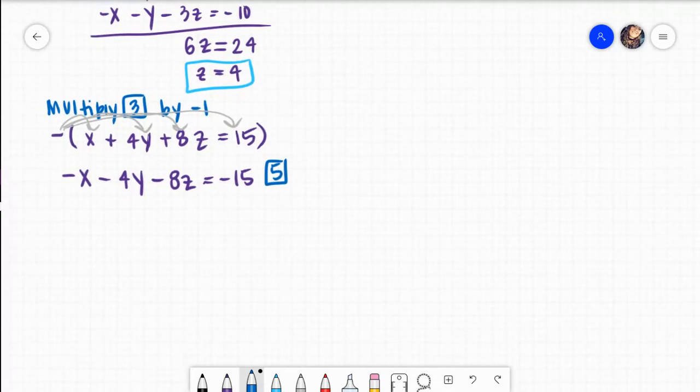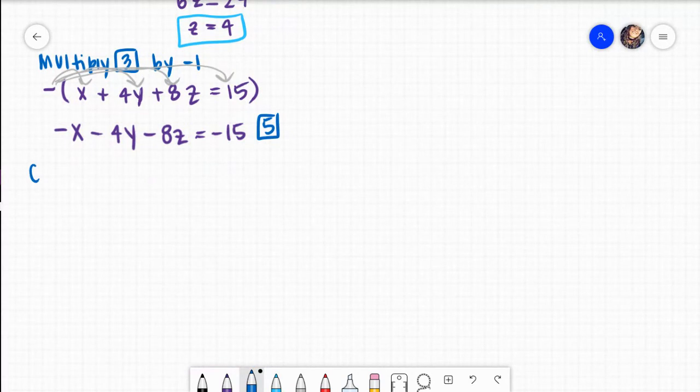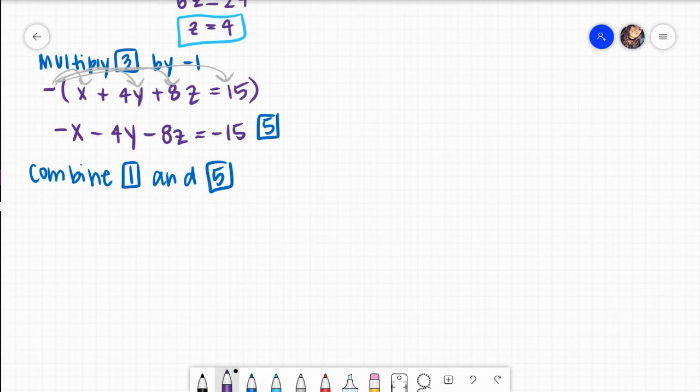So I'm going to combine equation 1 and equation 5. My equation 1 is x plus y plus 9z equals 34.